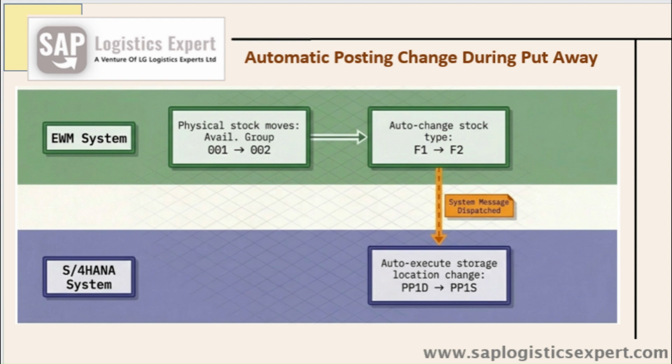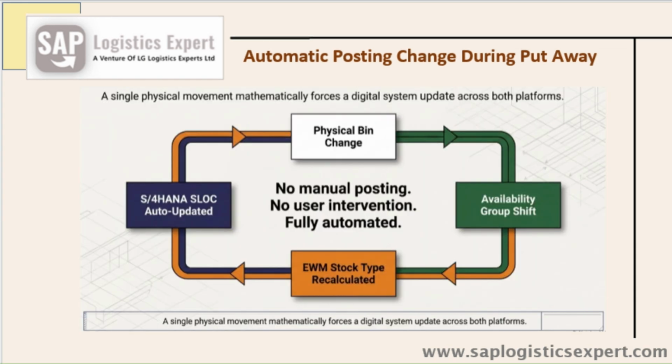When stock moves from a storage type with availability group 001, in put-away, to a storage type with availability group 002, completely available, EWM automatically changes stock type from F1 to F2 and sends a message to S/4HANA. S/4HANA automatically performs a storage location change from PP1D to PP1S. This keeps both systems perfectly synchronized. No manual posting. No user intervention.